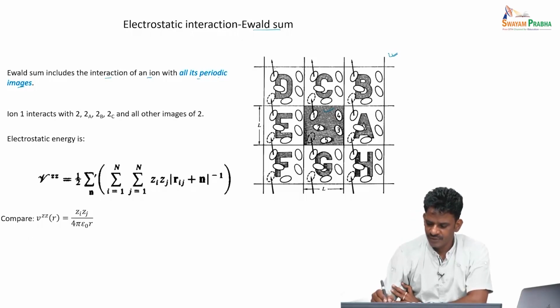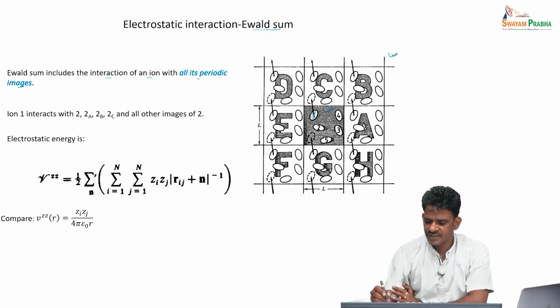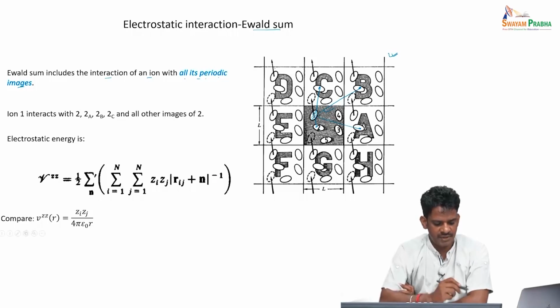If you consider, for example, this particular particle 1, let's say it is an ion which has some charge, then we see that the interaction between 1 and 2 is not only happening in the central box, but also with the periodic images of 2 in box A, the periodic images of 2 in box B, the periodic images of 2 in box C, and so on. So the pair interactions not only include those within the central simulation box, but also with all its periodic images. So that's the meaning of interaction with all of its periodic images.